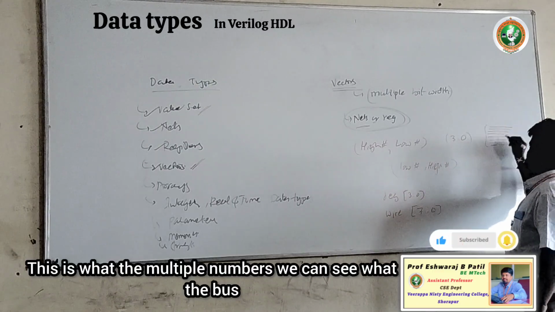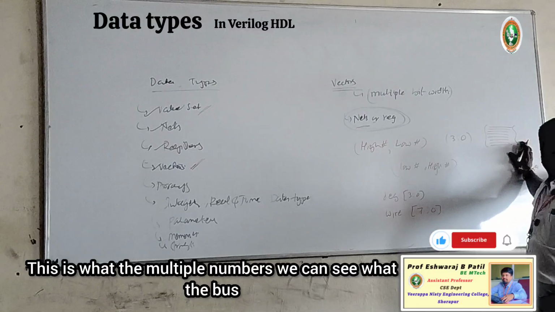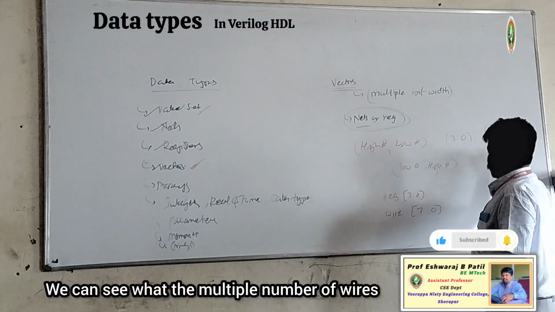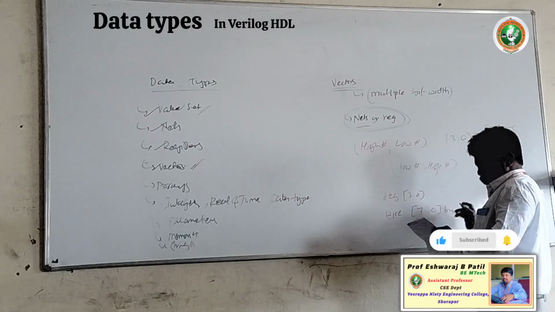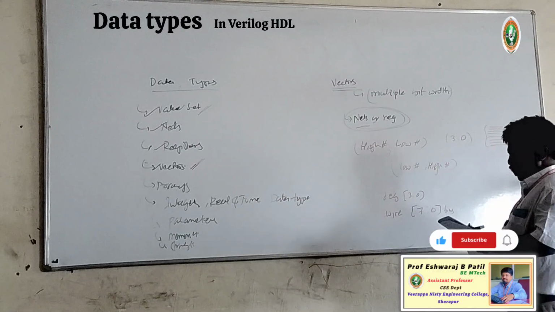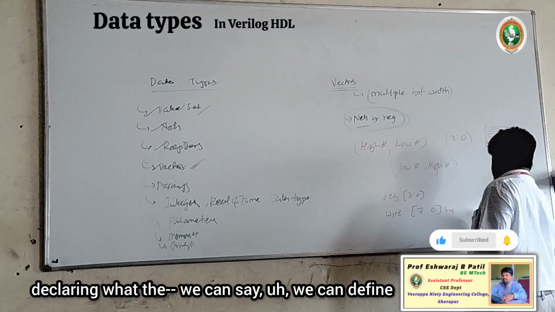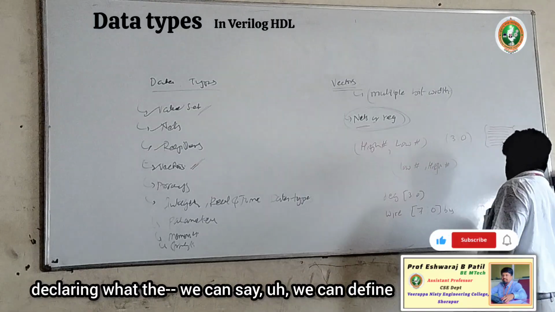This multiple number of wires we call a bus. Wire of 7:0 is a bus. This is how we declare, or define, it.